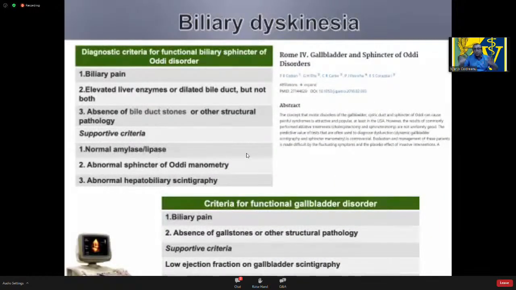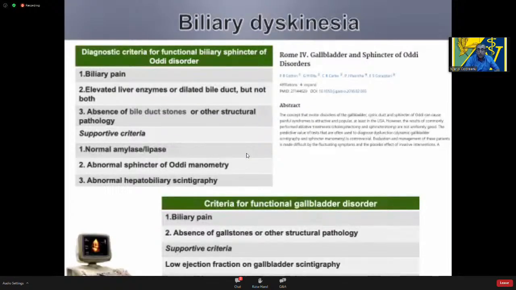Regarding this, it's important to talk together about the diagnostic criteria for functional biliary sphincter of Oddi disorder. From the clinical point of view, we see the presence of biliary pain. From the lab, we can register elevated levels of the liver enzymes.